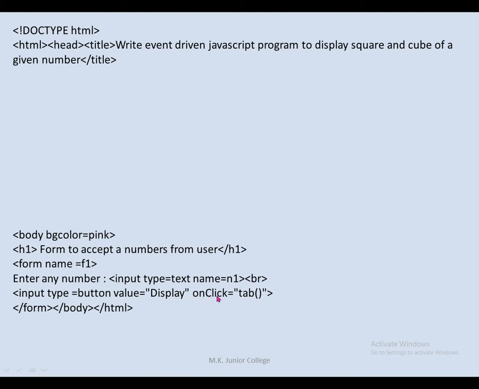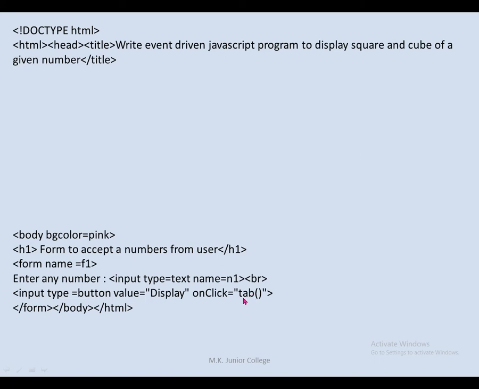The same way you have to write this tag as onclick, or you can say command. This is the command to add a click event in your program. So उस बटन के ऊपर you are adding an onclick event. When the user clicks on that button, you are calling one function named tap. See, this is the function that I am calling.